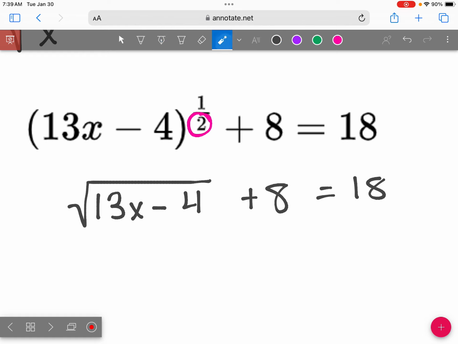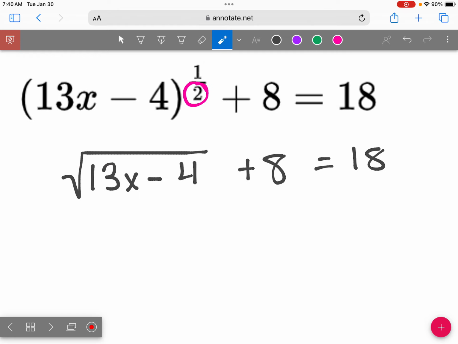But just to remember what the fraction-y exponent means. Because this chunk is the square root part. So we need to isolate the 13x minus 4 first things first. So what's our first mathing step going to be? Subtract the 8.